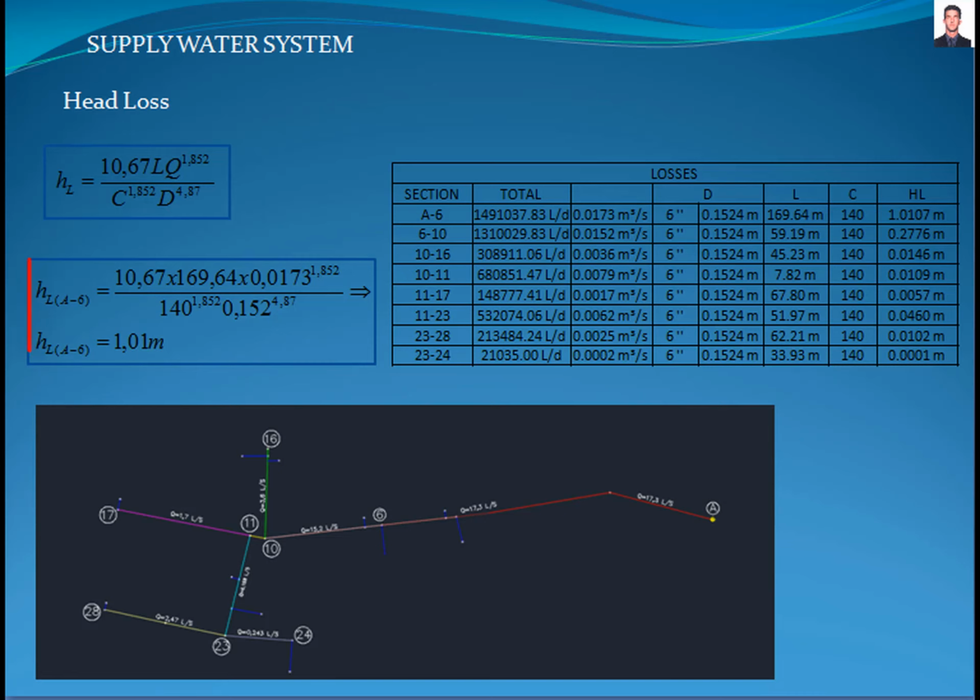For example, for the section A6, the equivalent loss length is 1.01 meters. In this table are the diameters required by the system and the losses generated by the diameters.